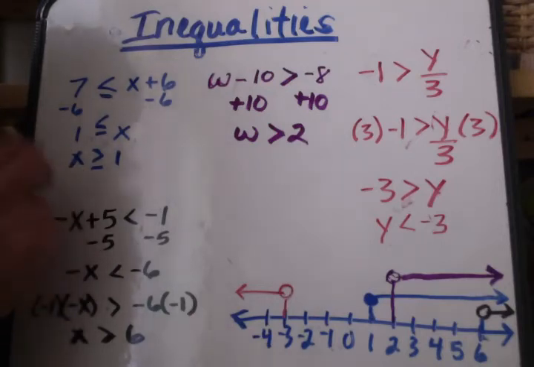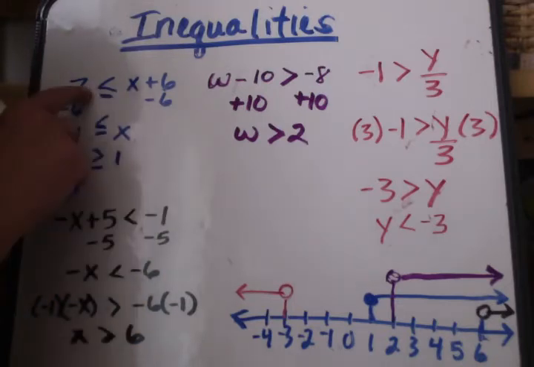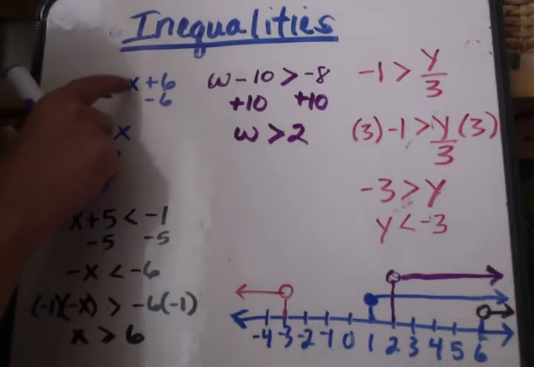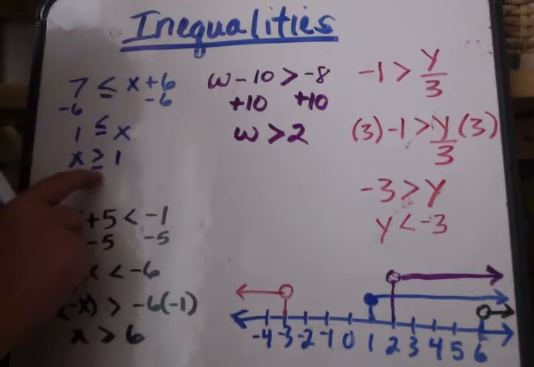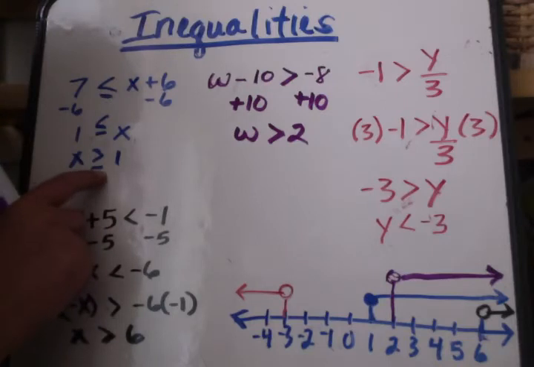So it would be 2, 1, 2, 3, 4, 5. Let's say I use the number 2. 2 plus 6 is 8. And so 7 is less than or equal to 8. And if I say 3 here, 3 plus 6 is 9. 7 is less than or equal to 9. So all these numbers greater than 1 and greater than or equal to 1 work.